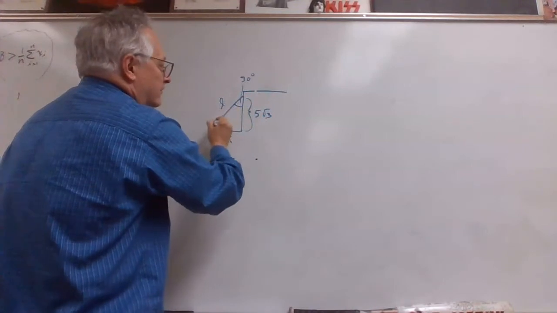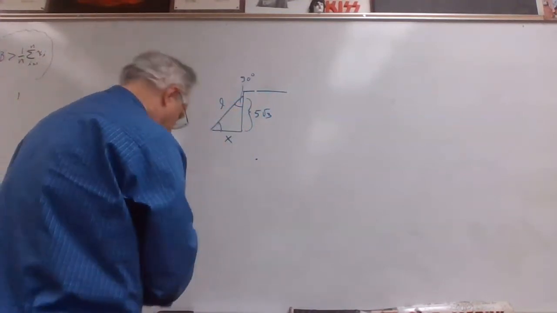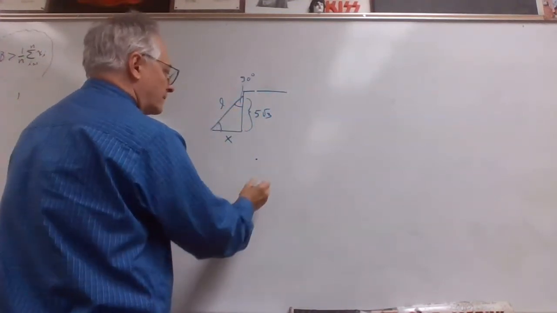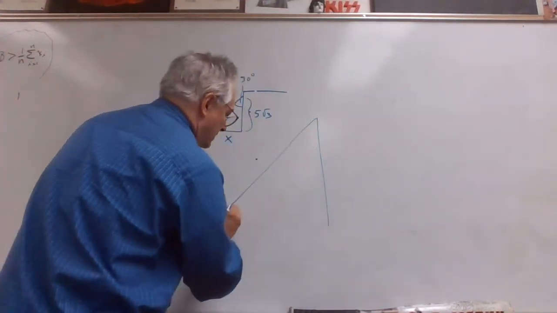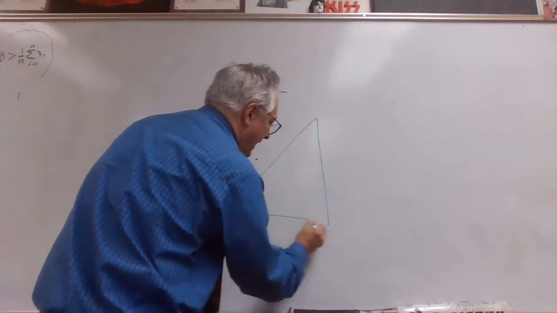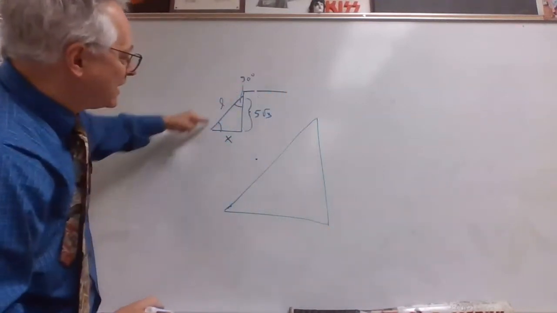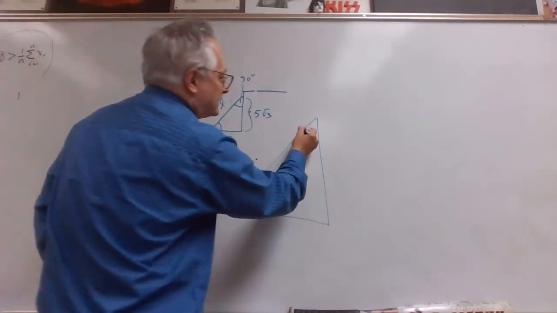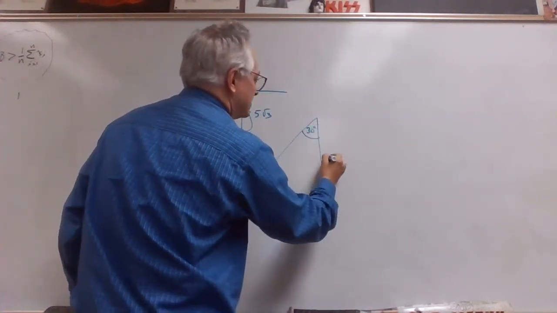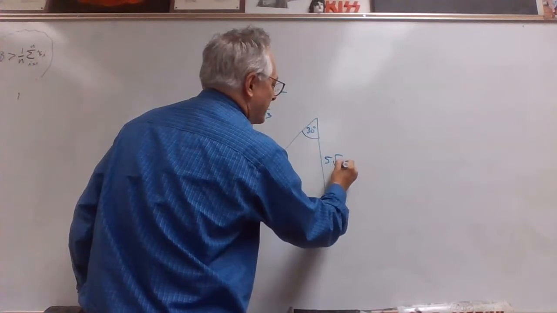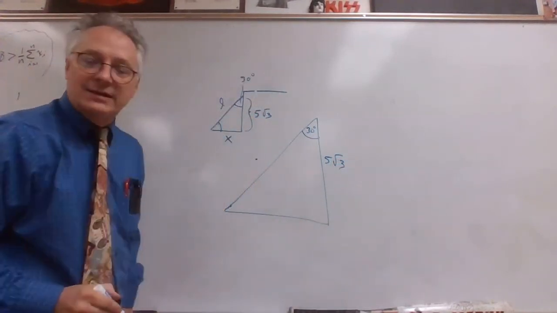And we are looking for the length. So once again, if I want to redraw that, we can just picture the triangle looking like this. Now this is not going to be a good scale drawing, but it's just a cutaway of this part of it. This angle is 30 degrees. This is 5 times the square root of 3, and they want to know what that is.